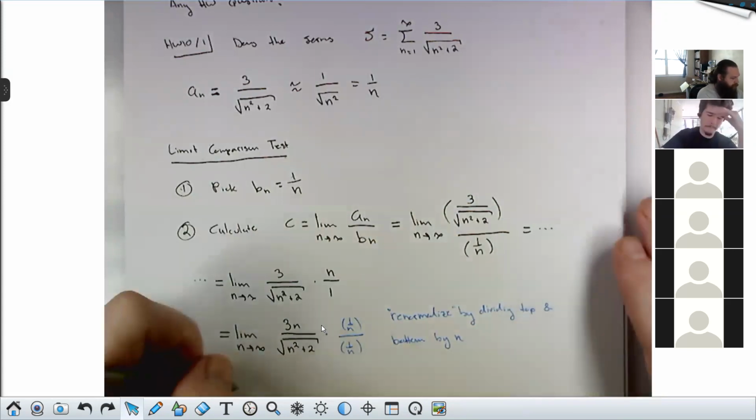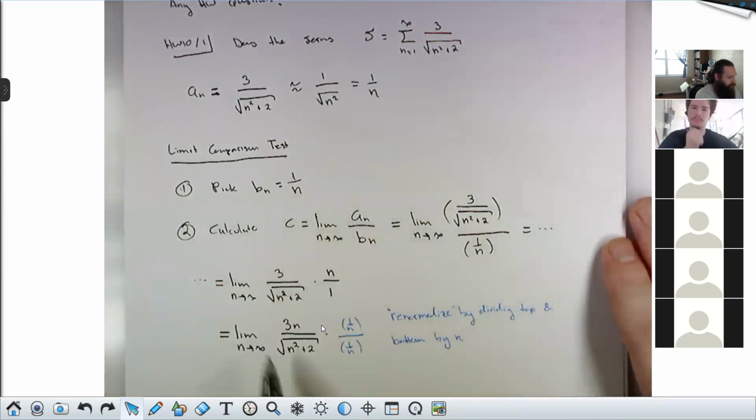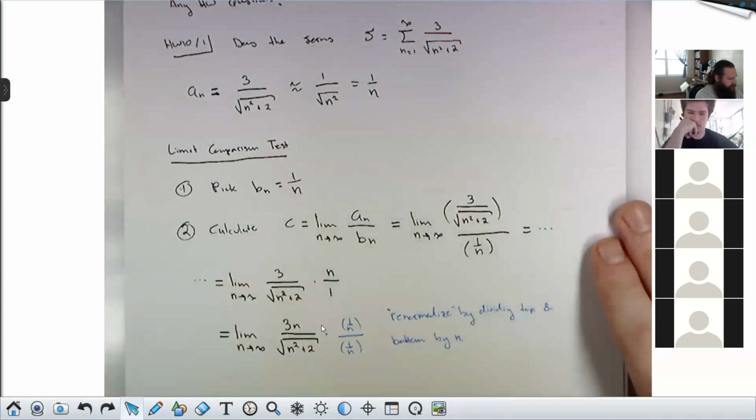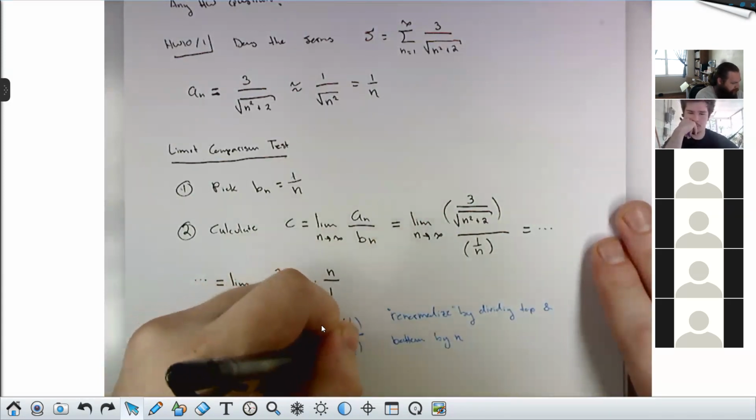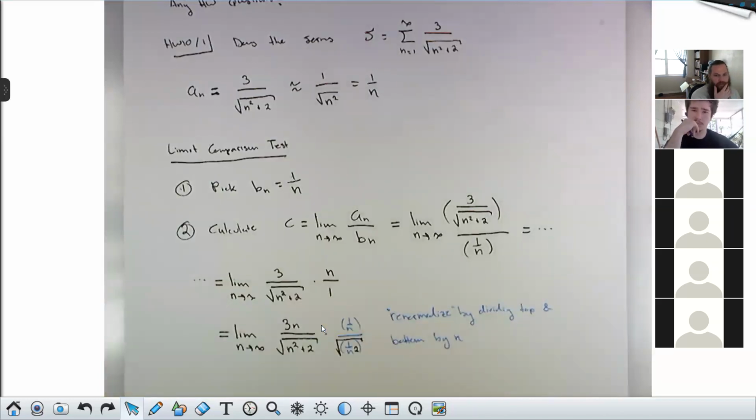So upstairs, this 1 over n is going to hit the 3n and I'll just get 3. Downstairs, in order to get this guy inside, I'm going to think of him as the square root of 1 over n squared, like this. So again, just an algebra trick.